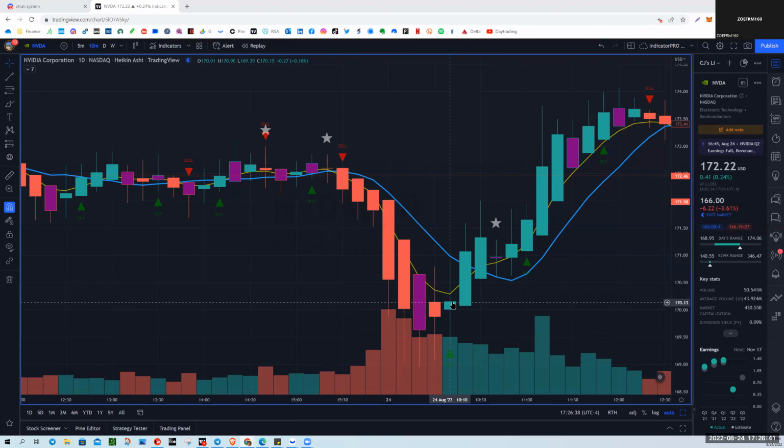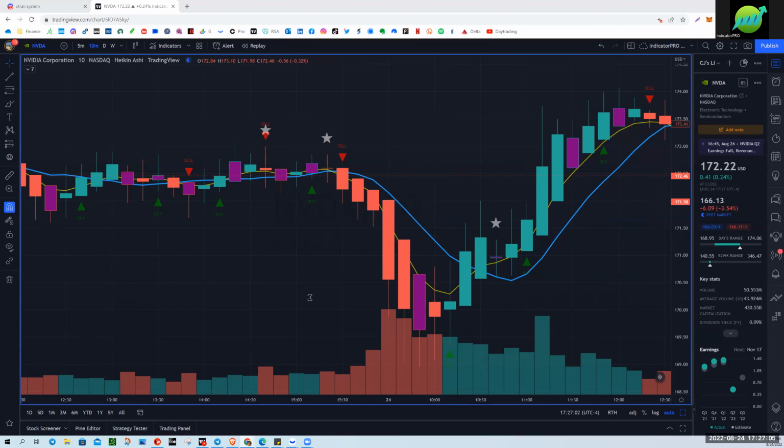The body doesn't break through the blue line, so that's a no-go. Is there above average volume? And you'll notice that it is on above average volume. So let's give it a positive confirmation.